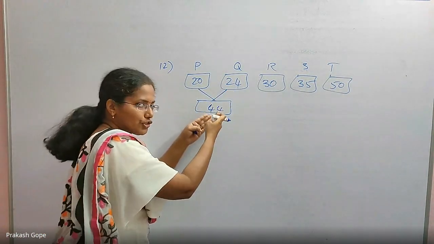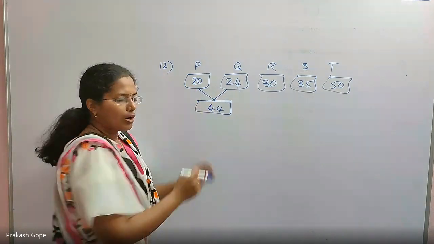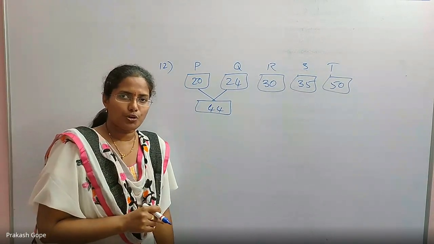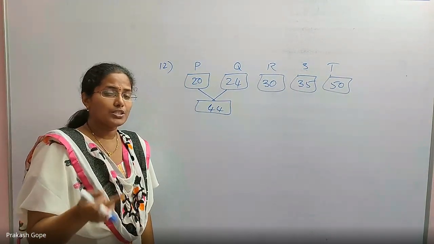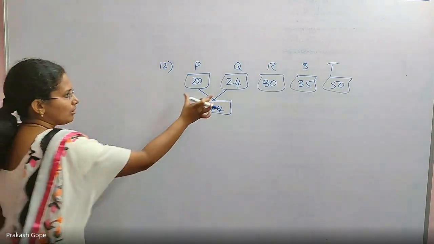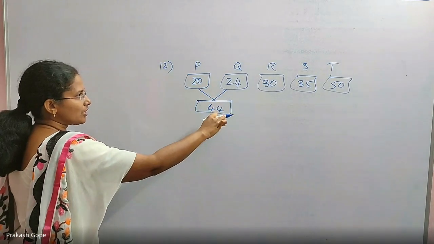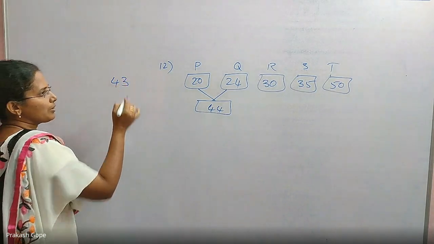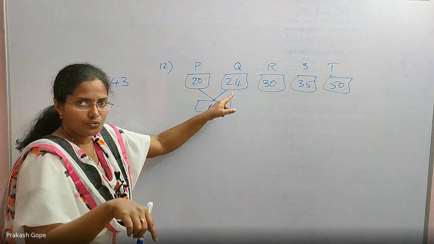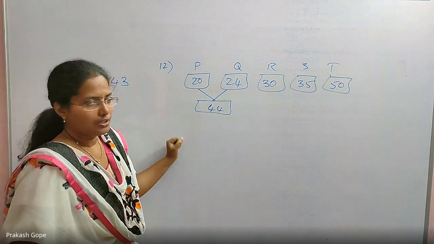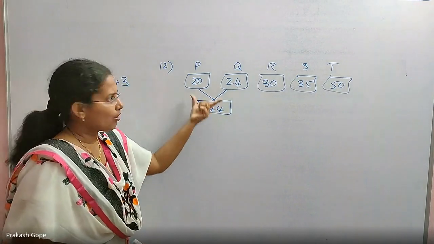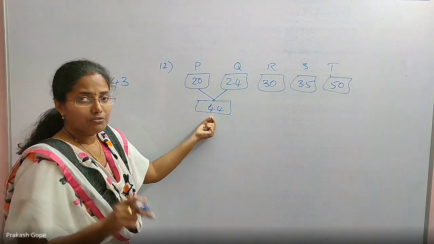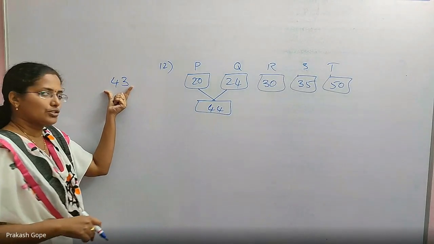But in this merging, what is the worst case number of comparisons possible? While merging these two, the worst case number of comparisons is only 43, because m plus n minus 1 is the worst case. Total number of records is 44. All of them will be present here. But worst case comparisons are m plus n minus 1.